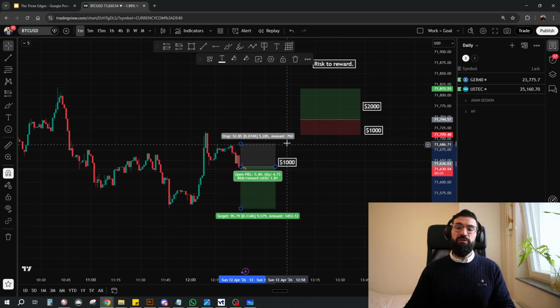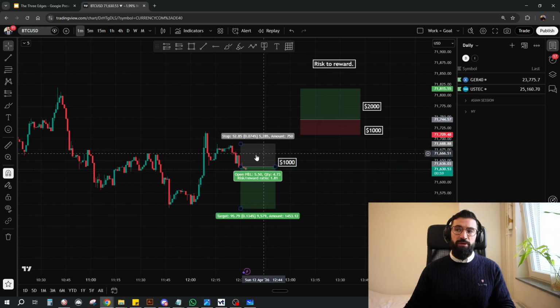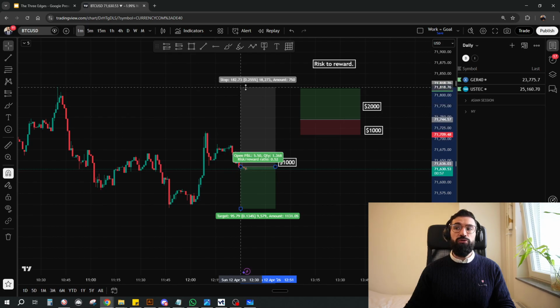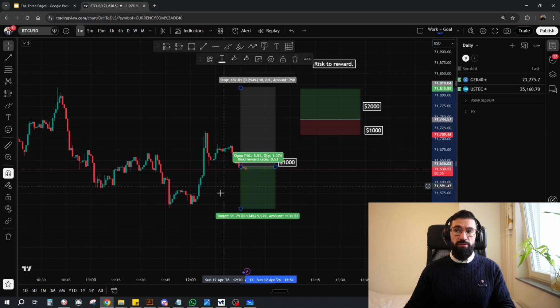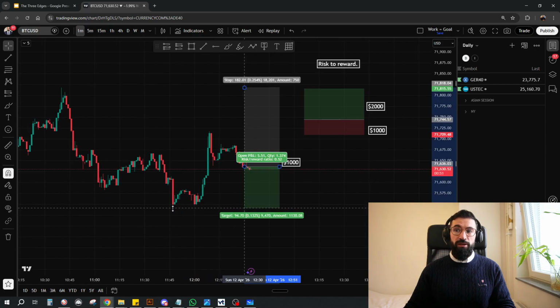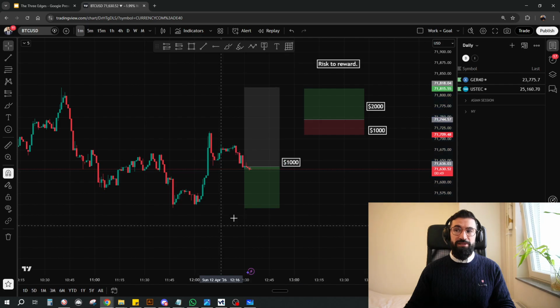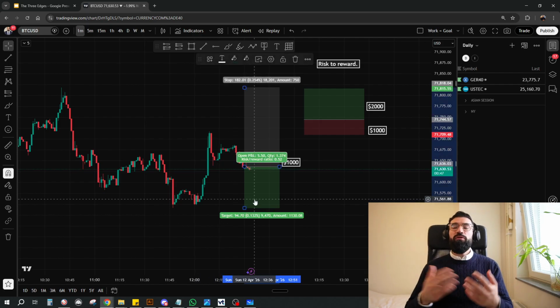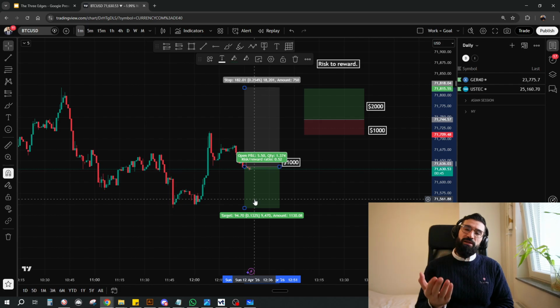Because the area of the risk becomes higher. So that's why we don't take huge stop loss areas, and we put our stop loss right here, which makes the reward very less. So we know the rule of thumb is I don't want to be risking $1,000 of my money to gain 500 back.